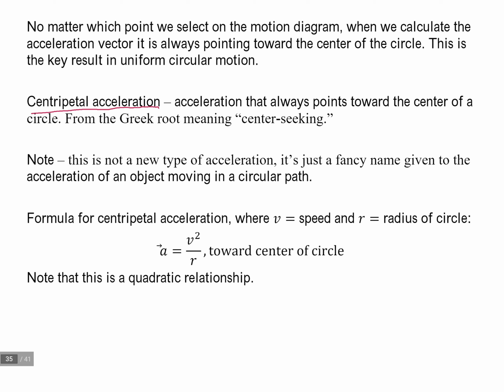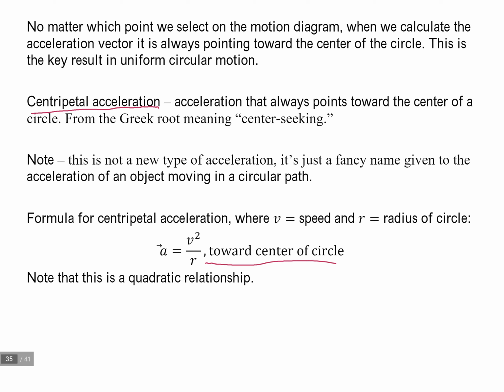So the formula for centripetal acceleration, where v equals the speed of the object and r is the radius of the circle. Again, the arrow should be over the acceleration. I don't know why it's doing this, but it is. Acceleration equals v squared divided by r, where r is the radius, and that is toward the center of the circle. It is extremely important that you remember this.